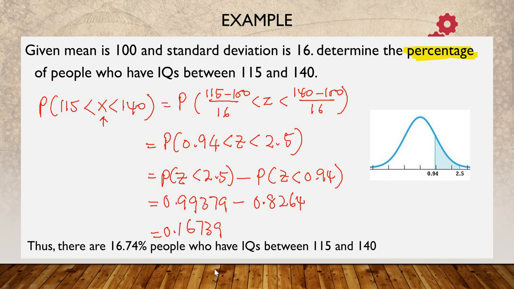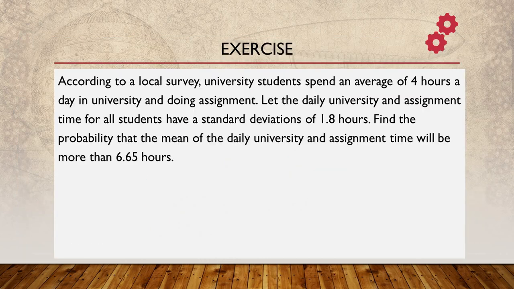So we convert 0.16739 becomes 16.74%. Okay, that's how we do the working with normally distributed.